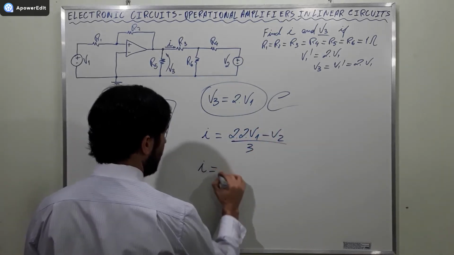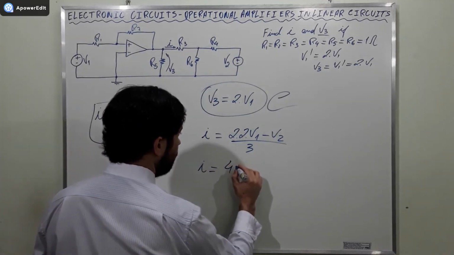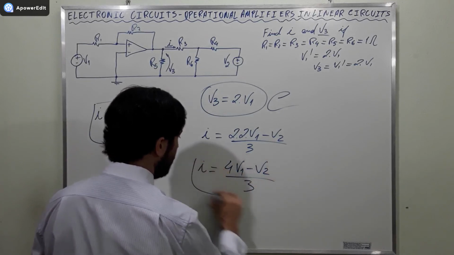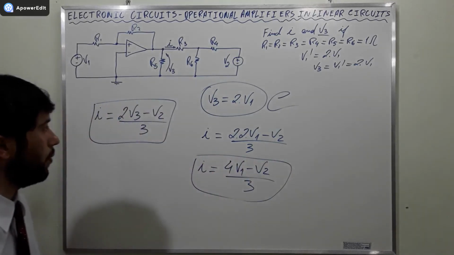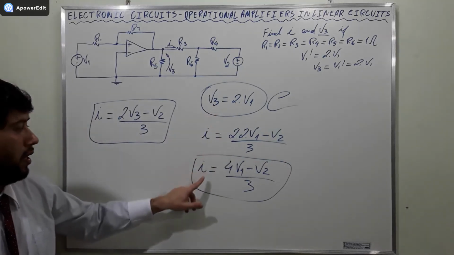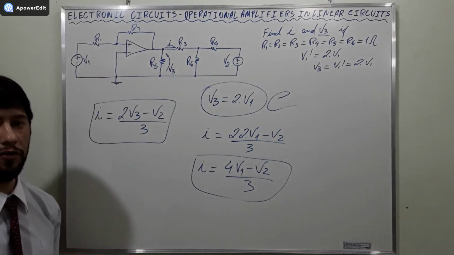And then we have successfully found the answer: 4 times V1 minus V2 divided by 3. These are the answers of the problem. We have successfully written V3 and I with respect to V2 and V1, my friends.